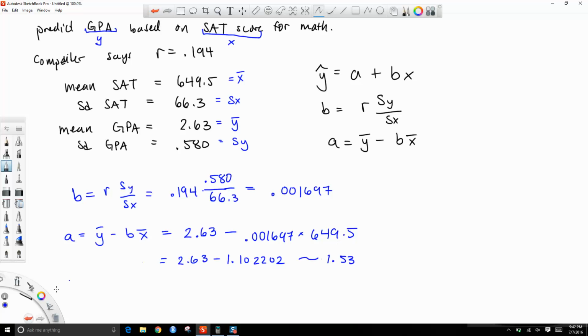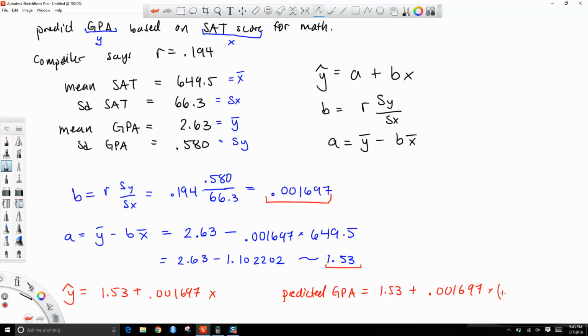So I'm going to just take these values and plug them in. So I have y hat is equal to 1.53 plus 0.001697x, or I can write predicted GPA is equal to 1.53 plus 0.001697 times math SAT, whatever that is.